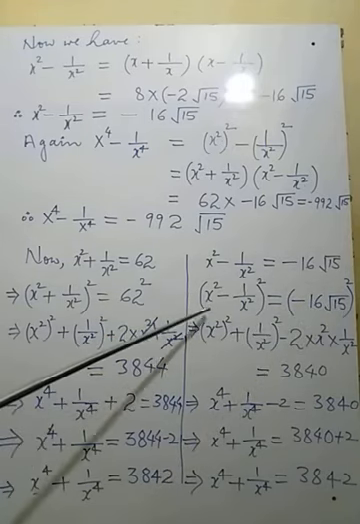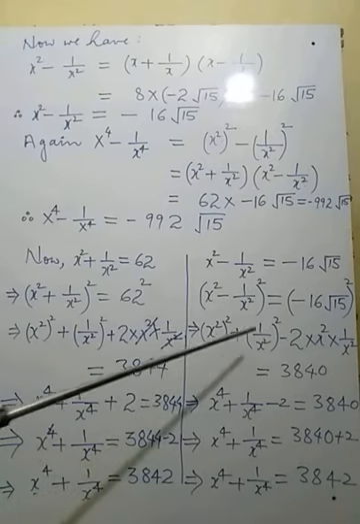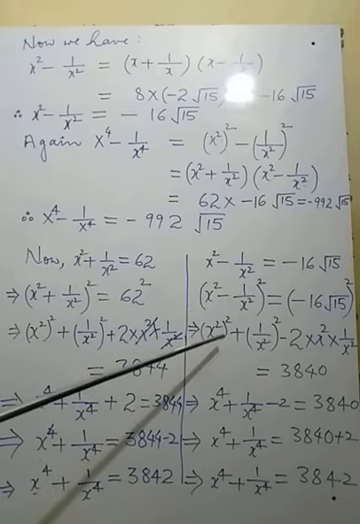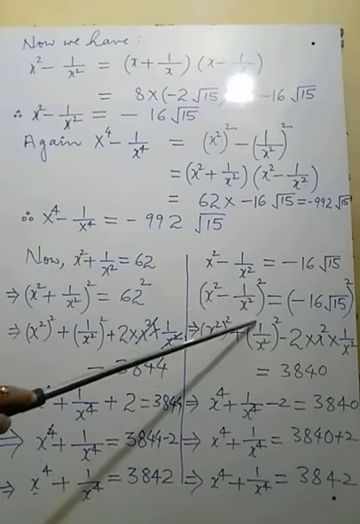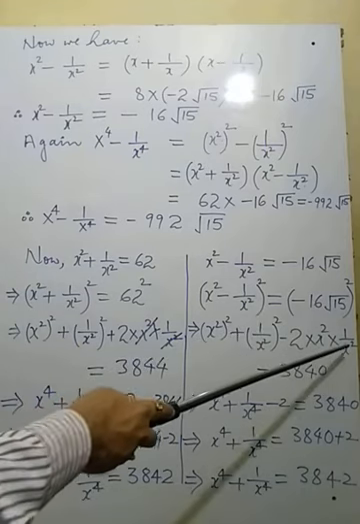Now this one is a minus b whole square. So a square means x square whole square, b square means 1 upon x square whole square, minus 2 into first term into second term.